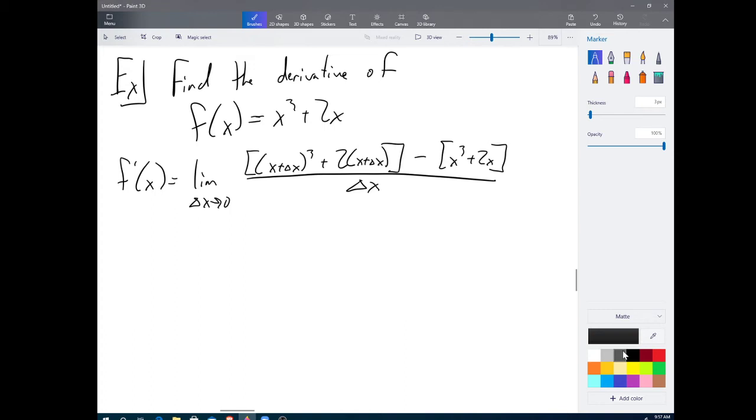Now the reason this one's going to hurt your brain a little bit more is we're cubing a binomial, instead of just squaring a binomial. You've got two ways you can do it. You can do the box problem twice, where you take x plus delta x times x plus delta x, find what that equals, then take that answer in a new box problem, times delta x again.